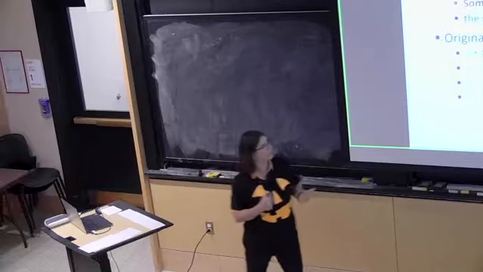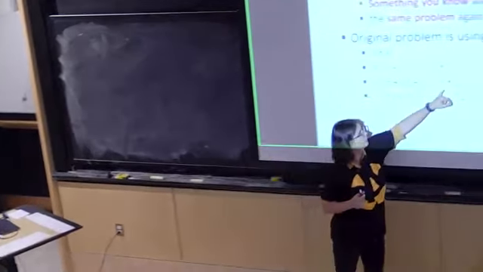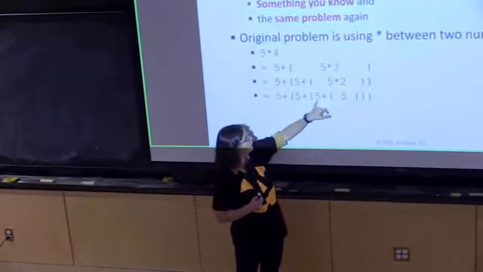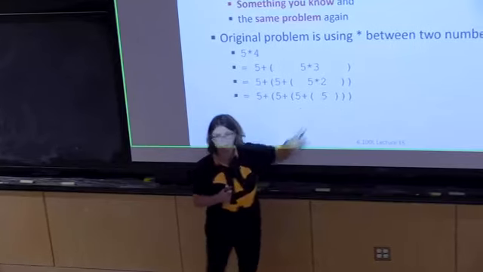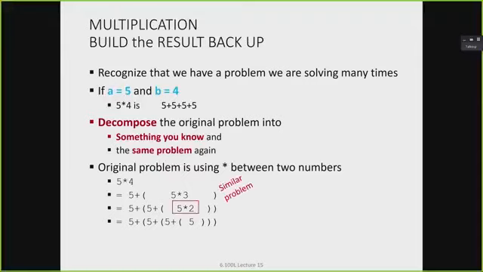And then I can build up the solution to this 5 star 2, because now 5 star 2 is just 5 plus 5. Okay? So this is going to be 10. It's just simple addition, right? There's no more multiplication, which is the thing that we were trying to avoid. So then the 5 star 2 gets replaced with 10, and I'm still building back up my solution until I get to the 5 star 4.